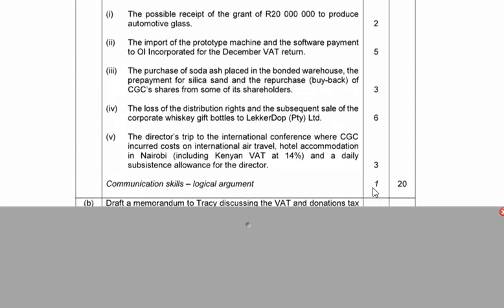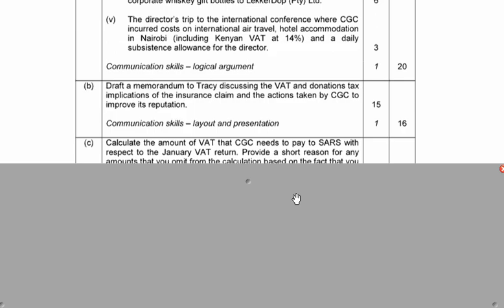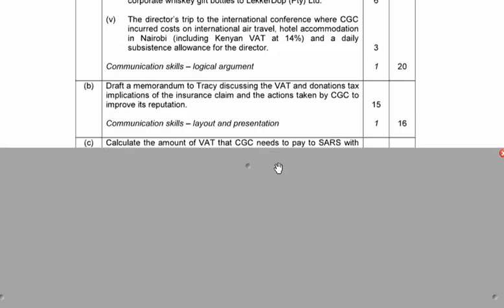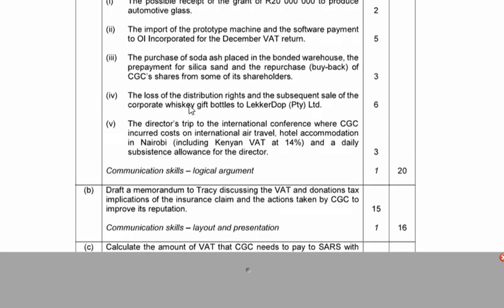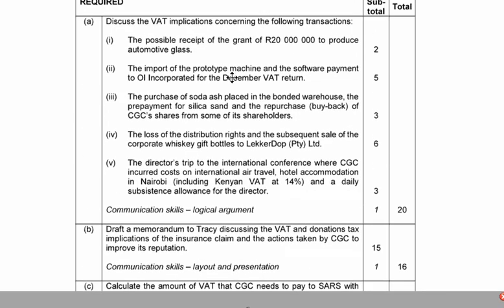This question is approached very differently from the second question, which is a 16-mark discussion of many transactions. In this question, part B, you don't know how many marks each transaction is for, whereas with this question, you do. And the way that we approach them is totally different.